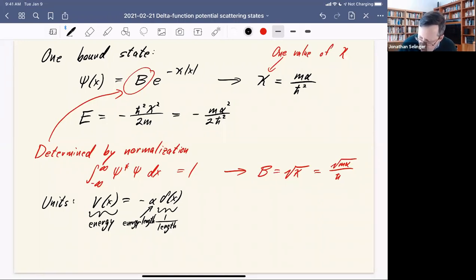Let's see about the units of this thing.